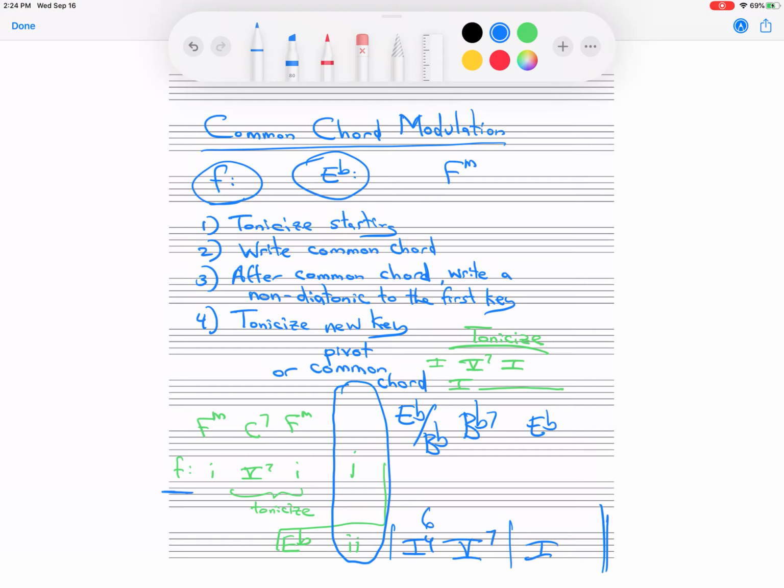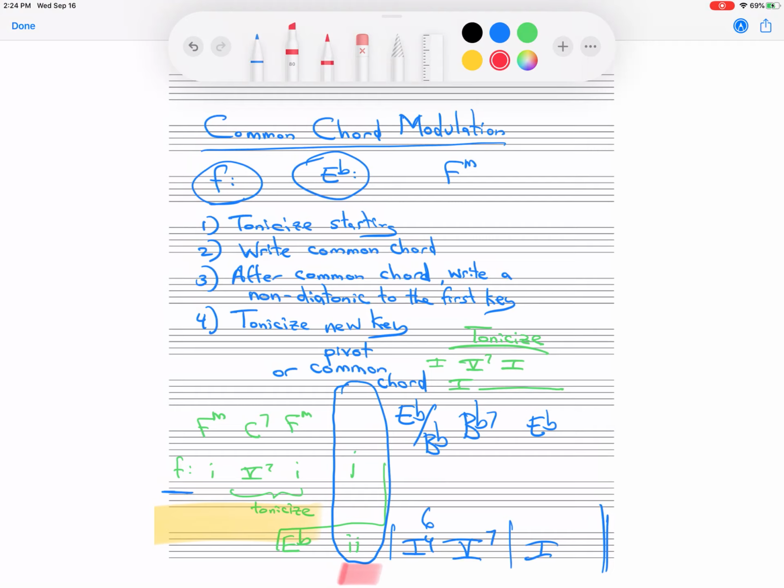So let me recap. Again, on the left side here, you must tonicize the starting key, and that's this part over here. Then you have to write a common chord, which you find by writing out all the chords in both keys and seeing which ones have the same root and quality.